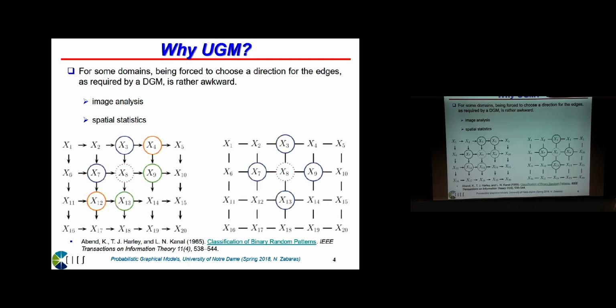So I'll give you an example to indicate how different things can be between directed graphical models and undirected graphical models. Let's concentrate on node 8. Okay, you can think of this as an image, and these are the pixel values, which we take to be random. And let's say we put some arrows the way that you see here on this grid. Okay, so we look at node X8.